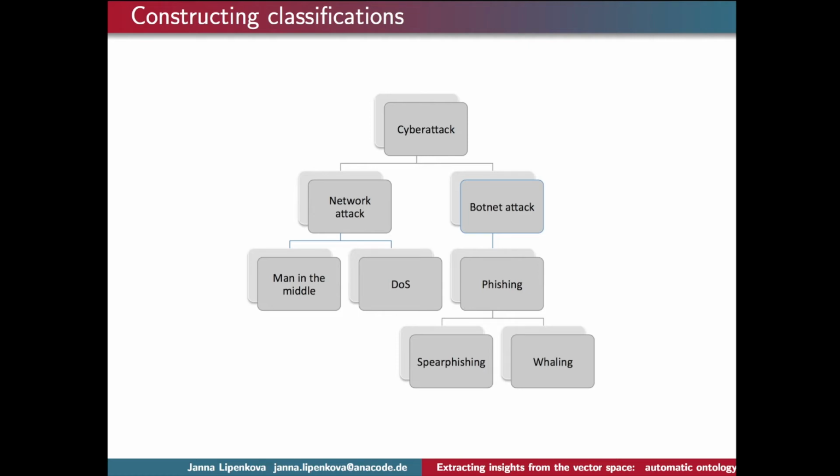In cybersecurity, the cyber attack is a very central concept, and you can see that we subclassify cyber attack into different, more granular types of attack, such as the network attack, the botnet attack, and then even more granular attacks like man-in-the-middle attack, denial of service, and so on.